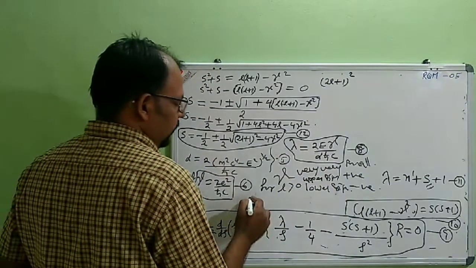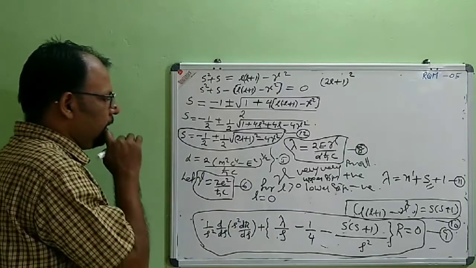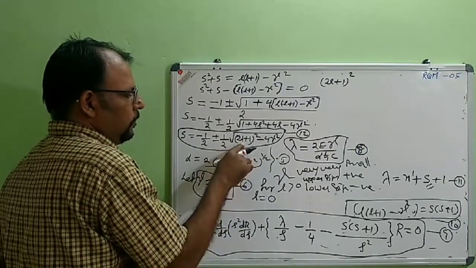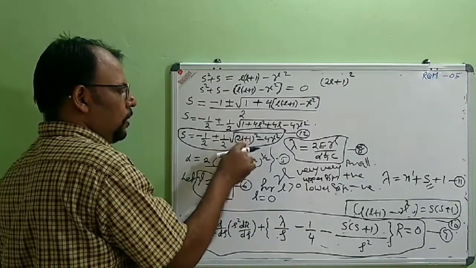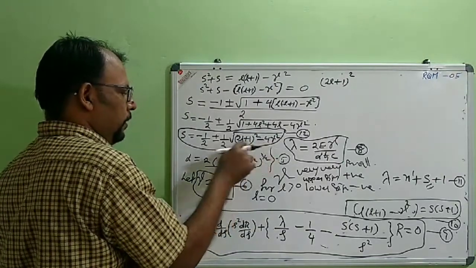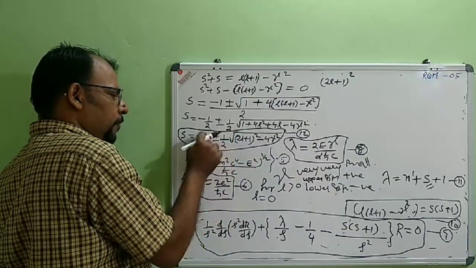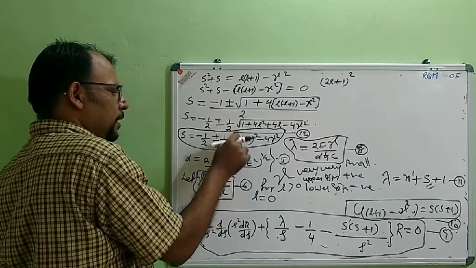Now take the case with L equal to 0. If L equal to 0, then this term 2L plus 1 the whole square is 1, so it is 1 minus 4 gamma square, then into 1 by 2. So we will be having minus 1 by 2 plus 1 by 2 into a term less than 1.